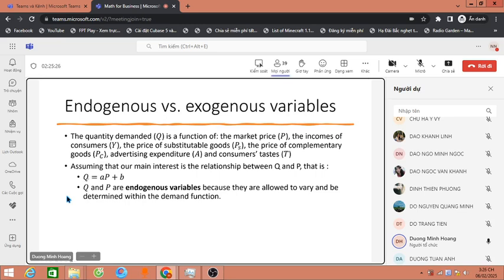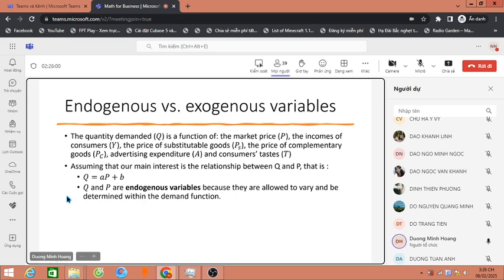We have our demand function Q equals AP plus B. In this case, Q and P are variables that are shown in the model or in the equations. If the variables are shown in the equations, they are called endogenous variables, or variables in the model.